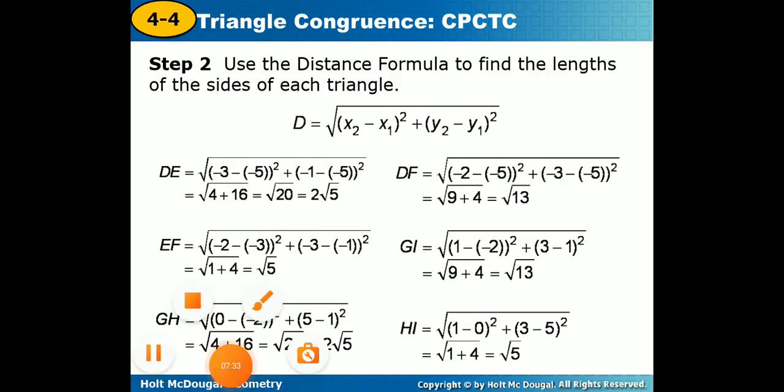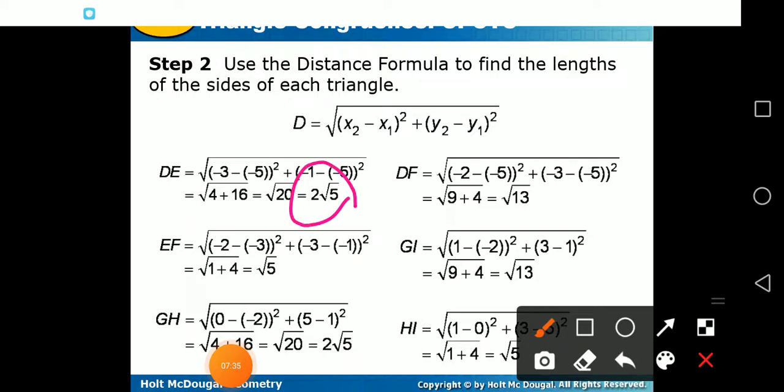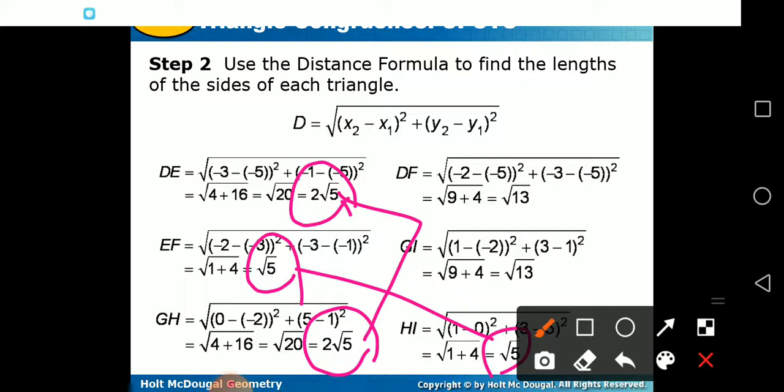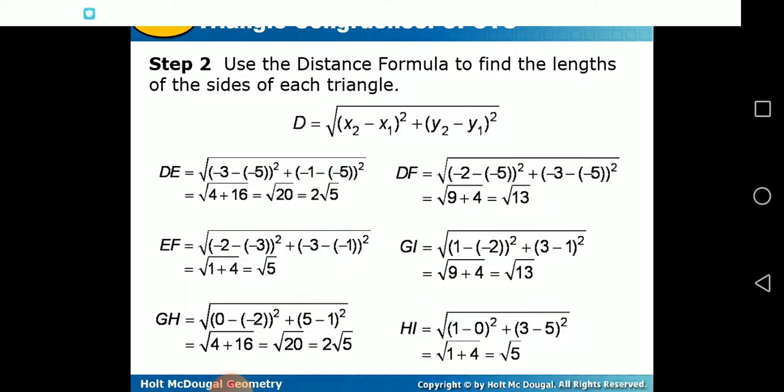After finding it, I have 2 square root 5 for DE, and I have 2 square root 5, the same side. Then square root 5 and square root 5, the second two sides, and square root 13, the third couple of sides.